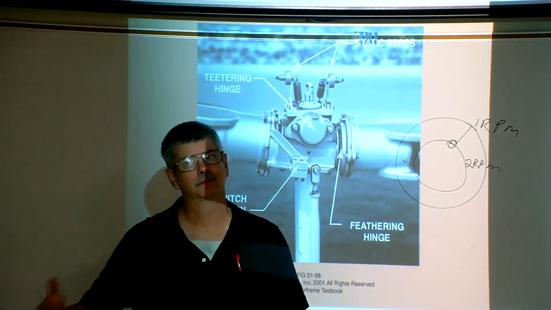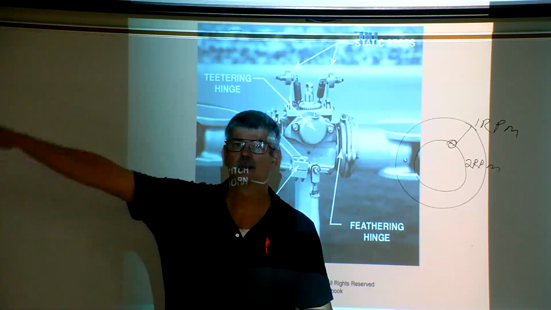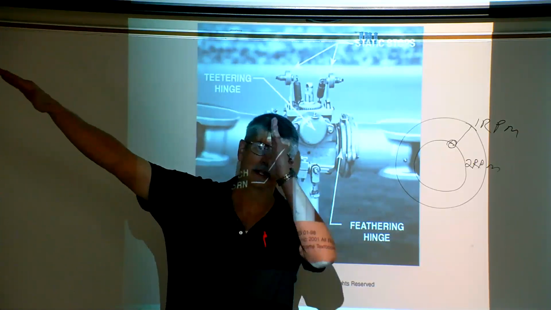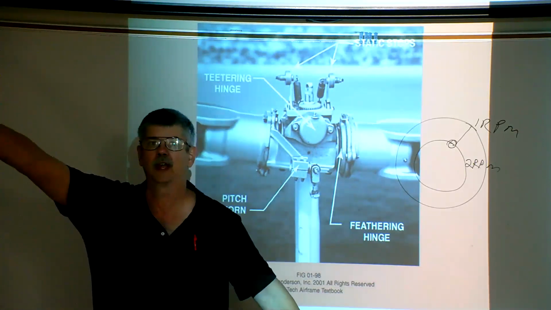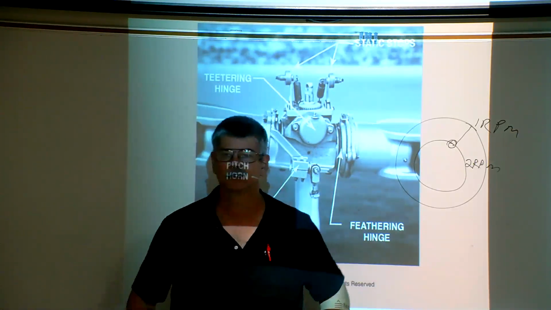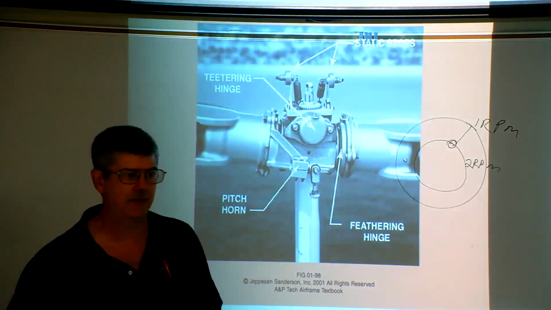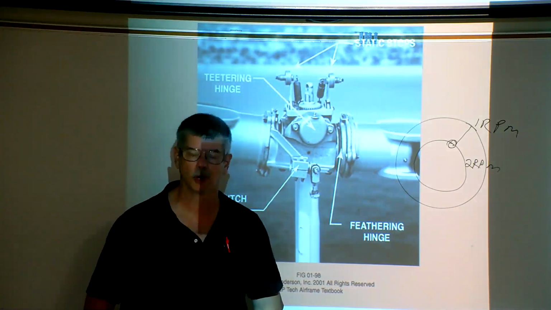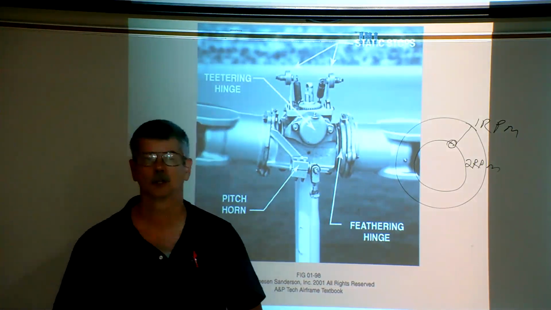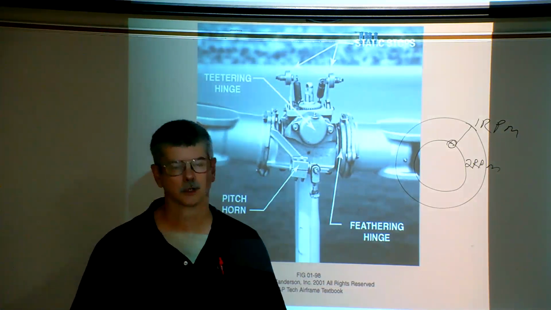Now, it kind of equals out. The blade flapping up is trying to get closer to the center of mass, but because it's underslung, it stays roughly the same distance away. All right, so keep that in mind. How does a semi-rigid rotor blade minimize the Coriolis effect? And the answer would be under slung.